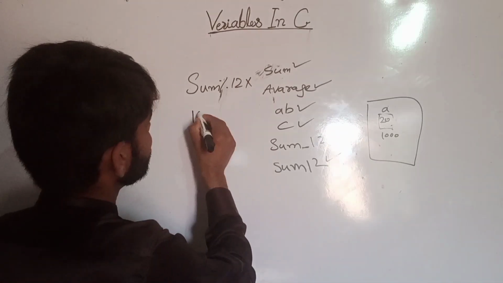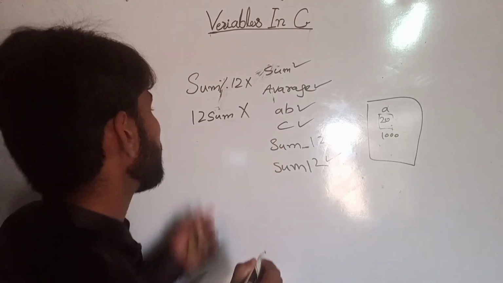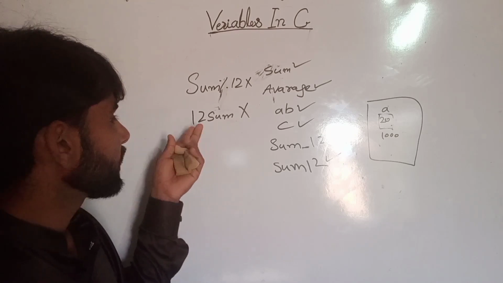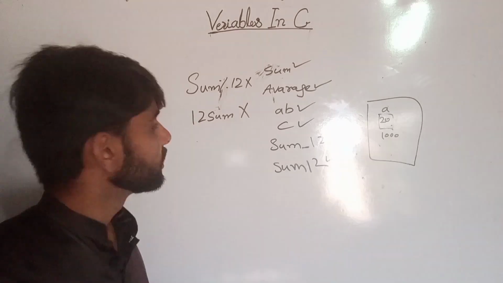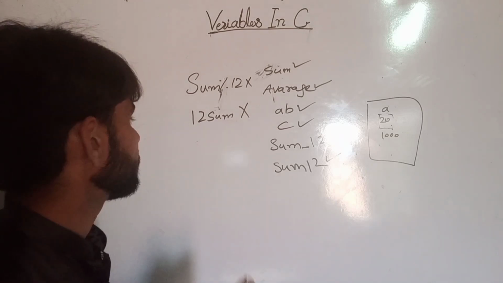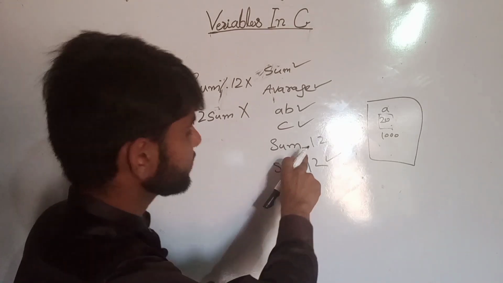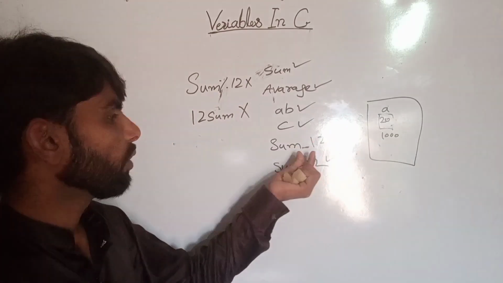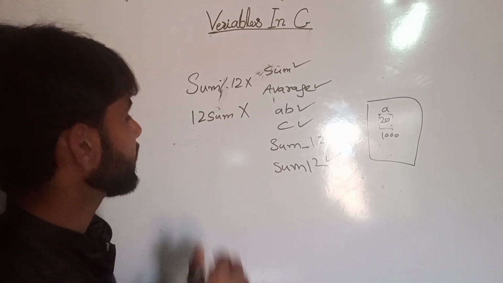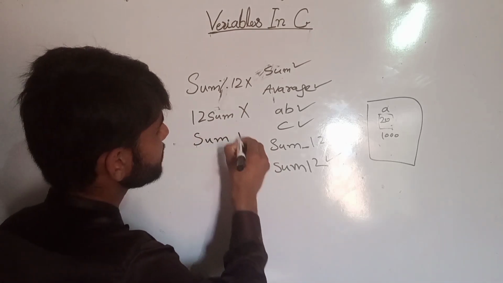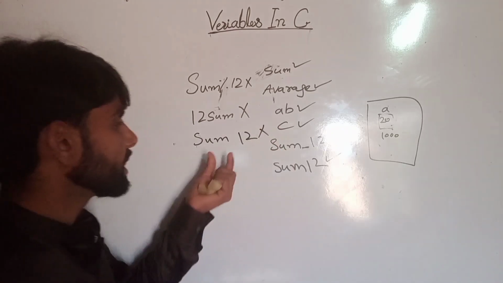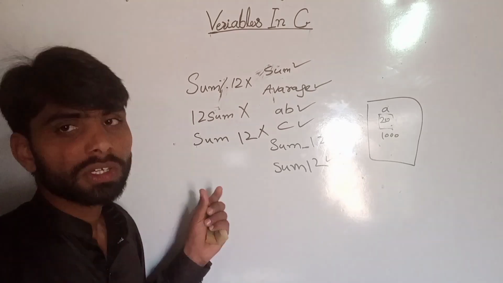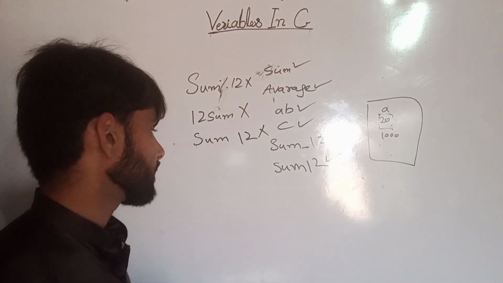And next is 12, which is also an invalid variable because we cannot use digits at the starting of a variable, right? Here I have used an underscore. Underscore is allowed in variables, but if I write some space 12, this will be wrong. If we write any space in our variable, then it will give you an error, right? So we cannot use space in a variable.